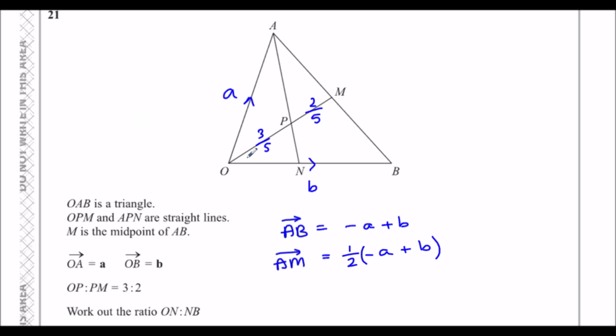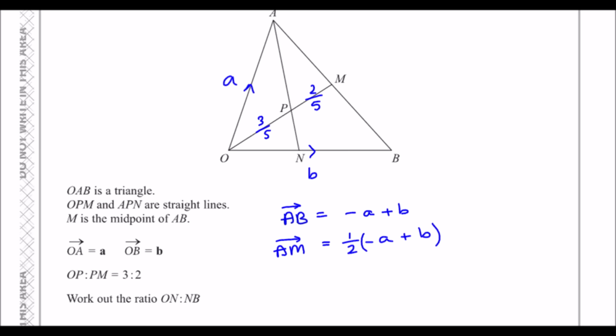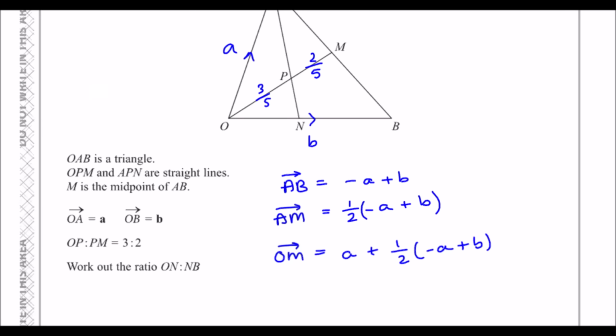We can then work out O to P. Well, we'll go O to M first. O to M is a plus A to M, which is half of minus a plus b. And we'll expand this.